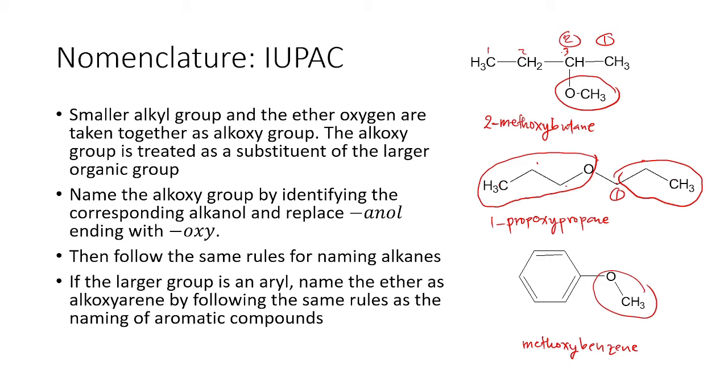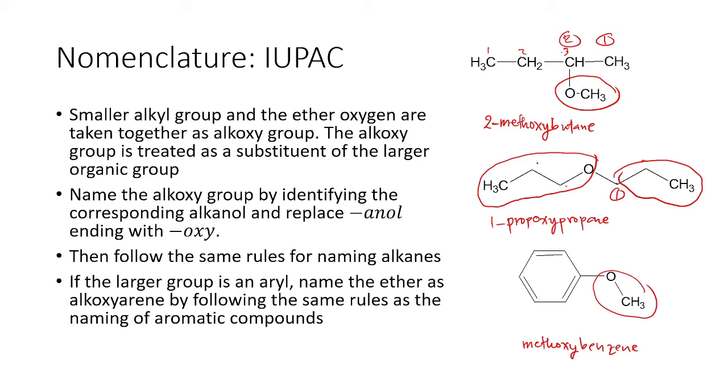Kasi as you may notice there, since cyclic yung ating benzene, and isa lang naman yung substituent niya, it is counted na nandun siya sa first or dun sa 1. Okay? So that is some of the ways on how we will be naming our ethers under our IUPAC naming.